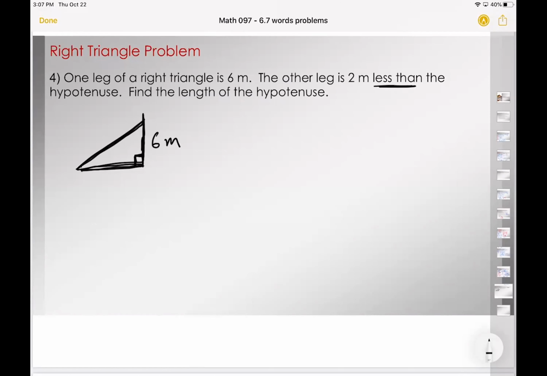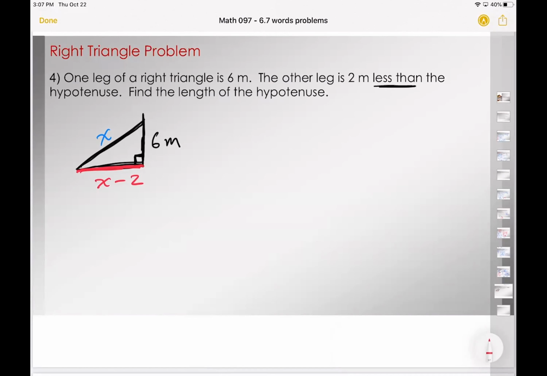So do we know what the hypotenuse is? We don't know what the hypotenuse is, ladies and gentlemen, because they tell me that whatever this item is, it is 2 meters less than the hypotenuse, meaning the hypotenuse minus 2.